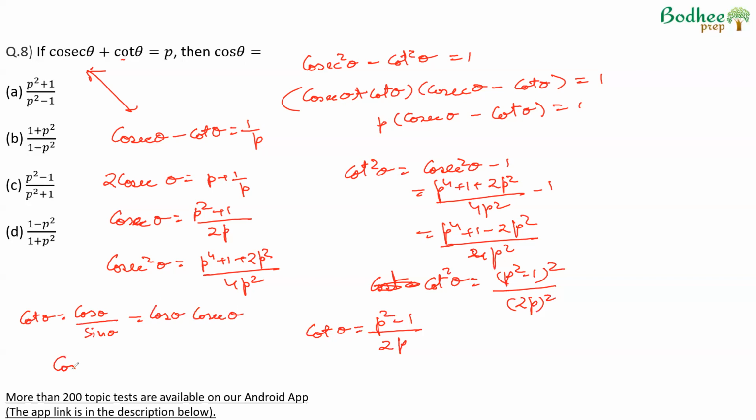And therefore cos theta will be cot theta upon cosec theta. Cot theta value is (P square minus 1) upon 2P. Cosec theta value is (P square plus 1) upon 2P. And therefore cos theta value becomes (P square minus 1) upon (P square plus 1).